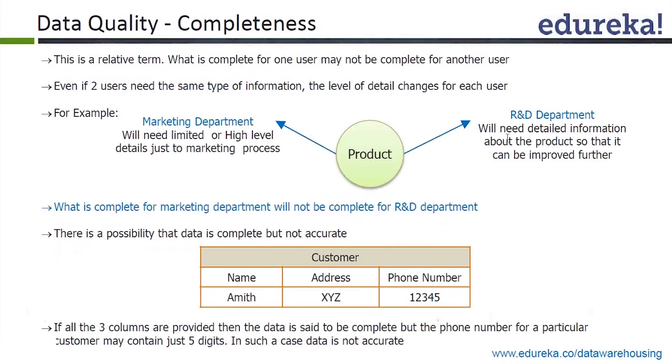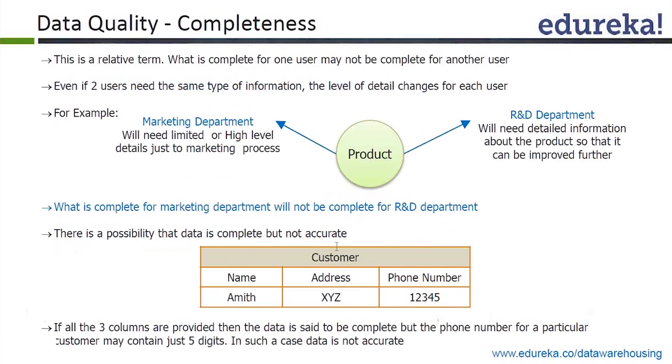So that is data completeness. This is one of the measuring parameters of data quality, seeing the completeness of the data as required by the user. So in this example, there is a marketing department and an R&D department, and there is product information being shared between these two. What is complete for a marketing department might not be complete for the R&D department. So there is a possibility that data is complete but not accurate.